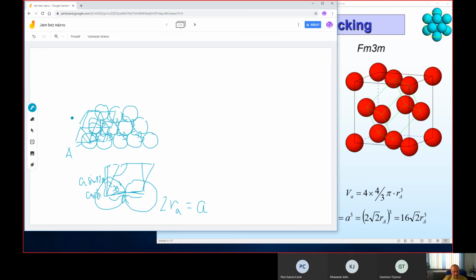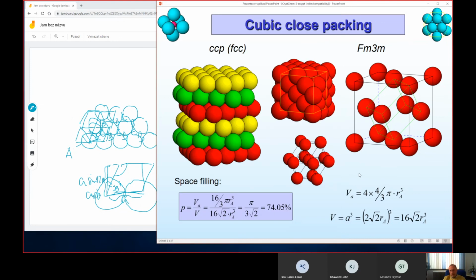So we have a times square root of 2, which is the length of the face diagonal, and this must be equal to 4 times R_A, because the atoms must be touching here. And we have 1, 2, 3, 4 radii, sphere radii or atomic radii along this face diagonal.